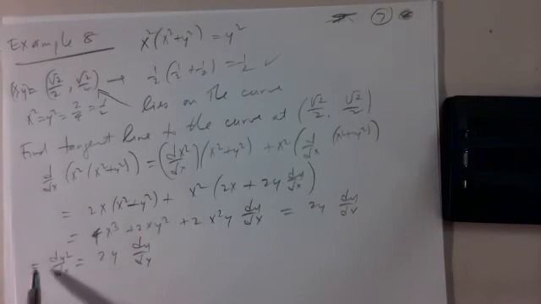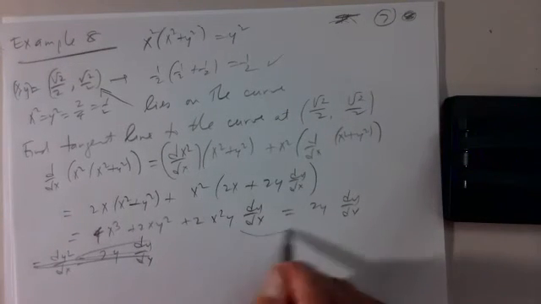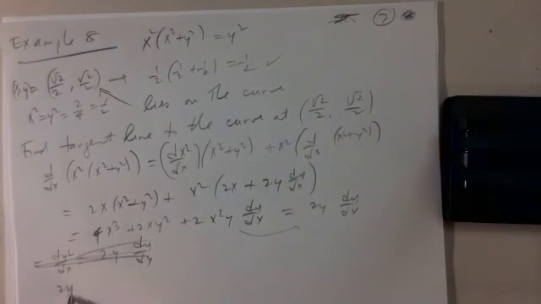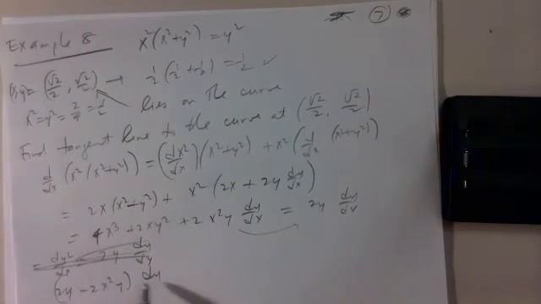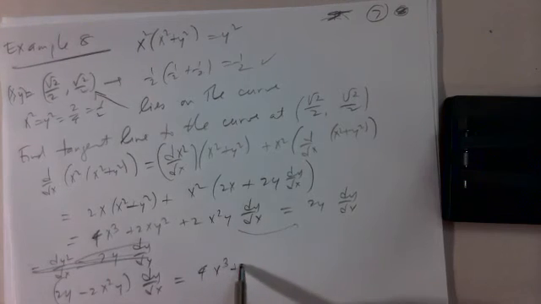So another way of writing this is that, bring this over to this side, 2y minus 2x squared y dy dx equals 4x cubed plus 2xy squared.